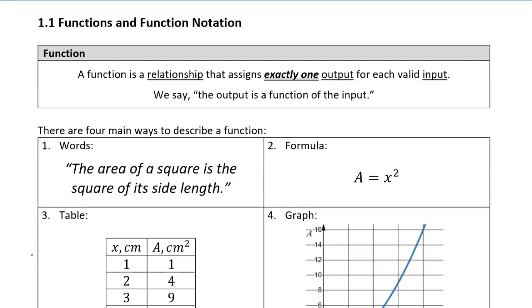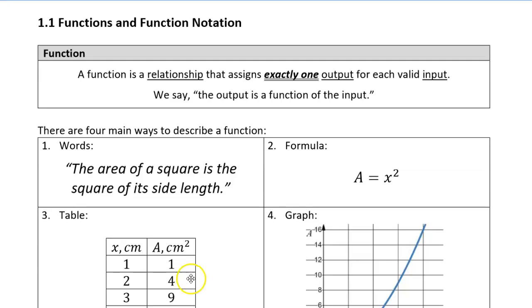You're never going to have that case where you buy 2 loaves of bread and one rings up at $2.99 and one rings up at $5.99. So you want to have one output for each input. That's the distinguishing factor. That's what makes a function special. It's a relationship where there's exactly one output for every input.